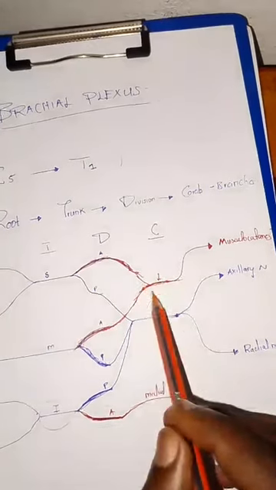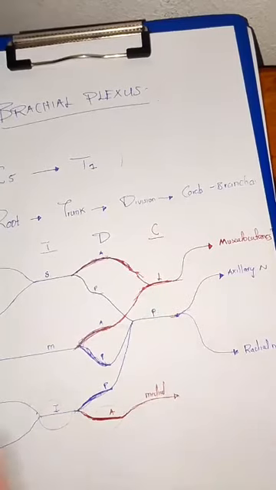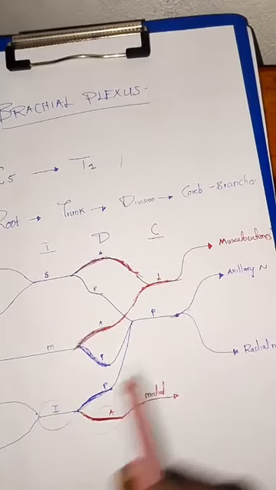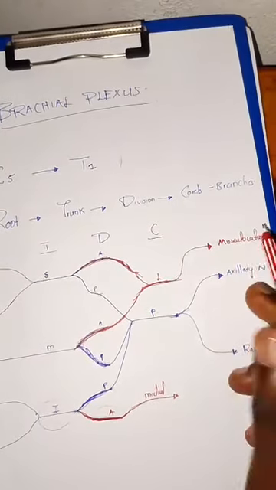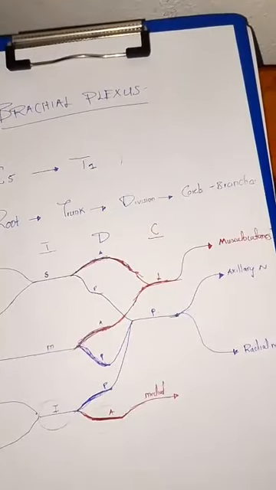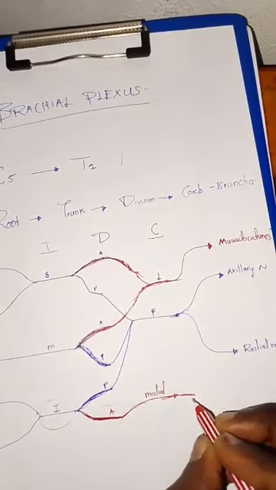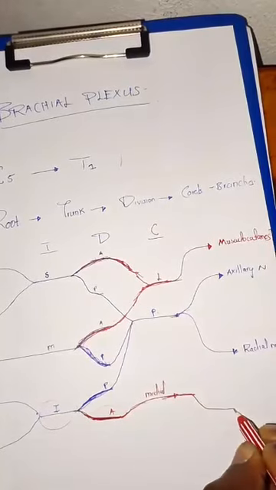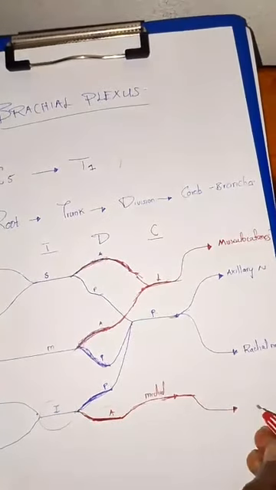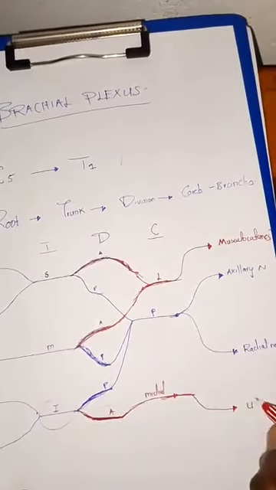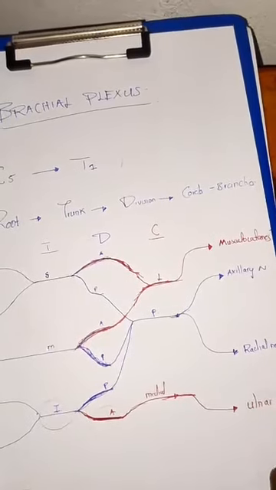Then the lateral chord is dividing. Its first branch is giving the musculocutaneous nerve. And then this medial chord that we are seeing down here is also going to divide into two branches. So the other branch is going to form what we call the ulnar nerve.